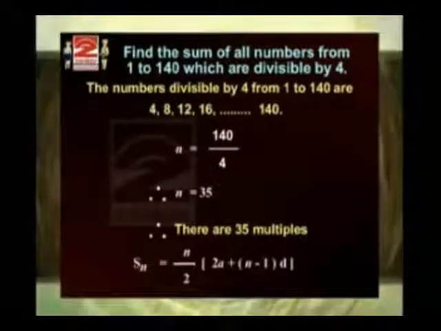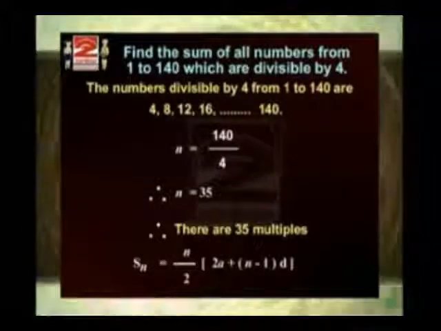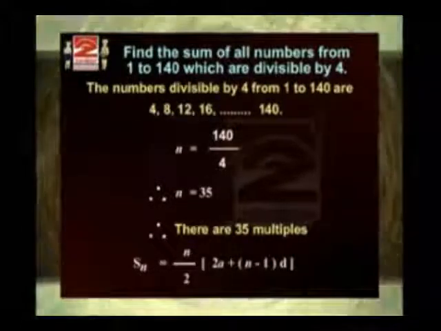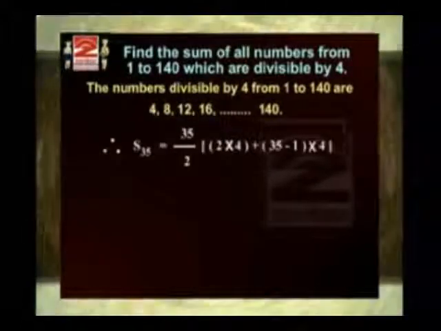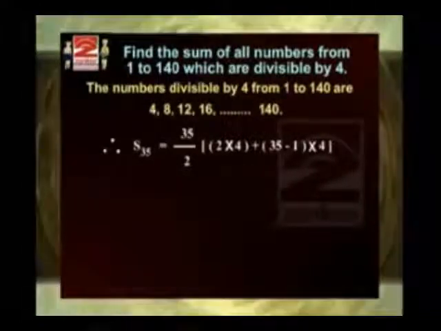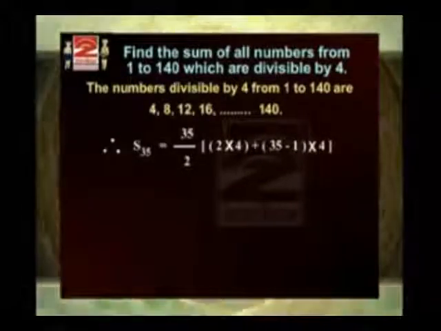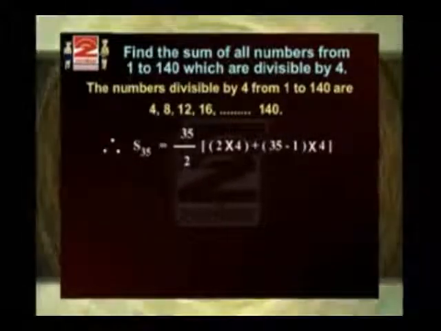So Sn is equal to N upon 2 into bracket 2A plus N minus 1 into D. Therefore S35 is equal to 35 upon 2 into bracket 2 into 4 plus 35 minus 1 into 4.